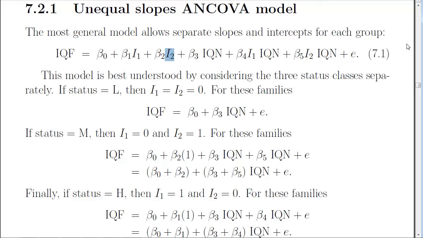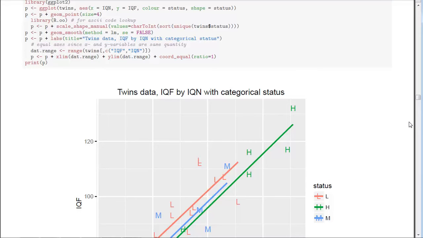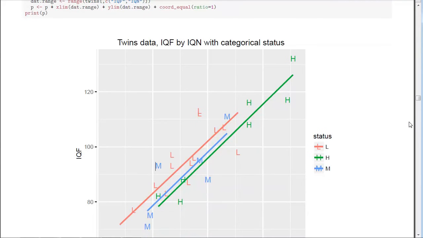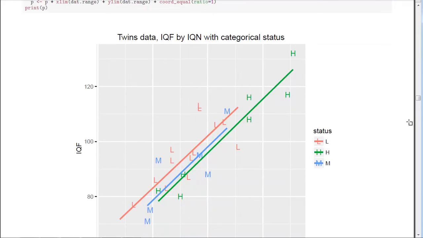This was our full interaction model, where we've got intercepts for each status group, as well as slopes for each status group. In the last video, we looked at the full interaction model.